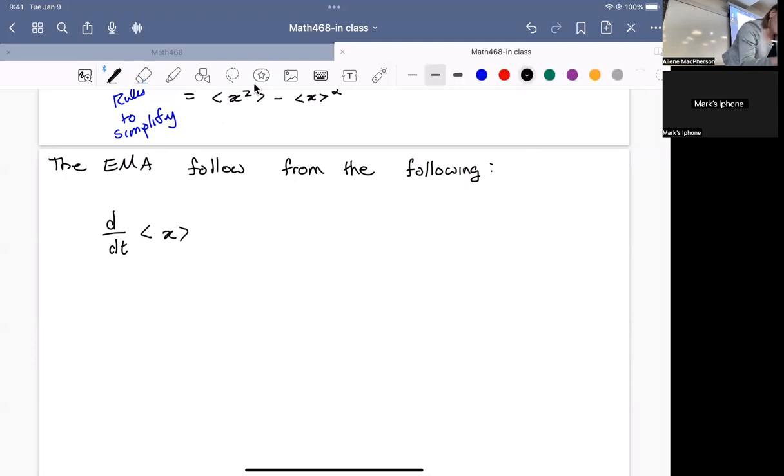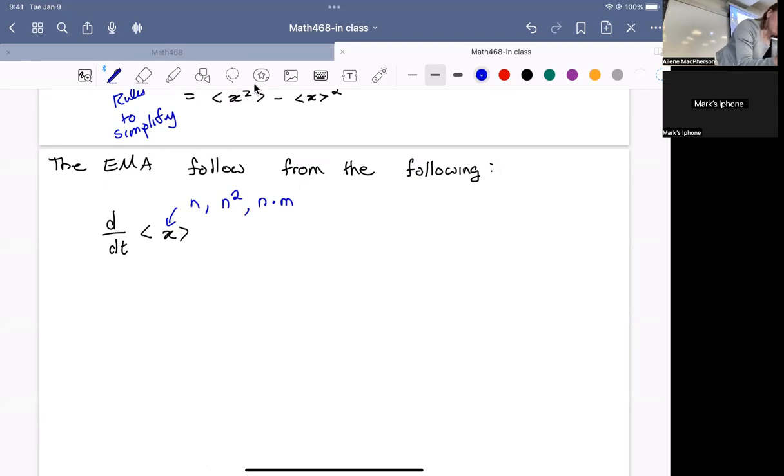And this quantity x that I put in here is pretty arbitrary. This could be, for example, using our examples from before, the variable n. It could be the variable n squared, or in something like the SIR model, it could even be n times n. So x is a stand-in for any combination of random variables or function of random variables that we care about. Okay?